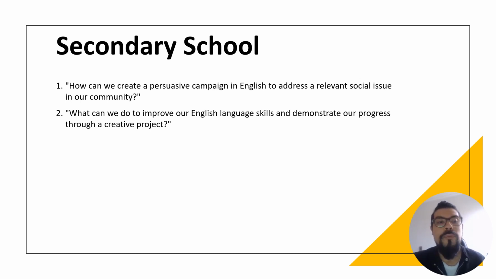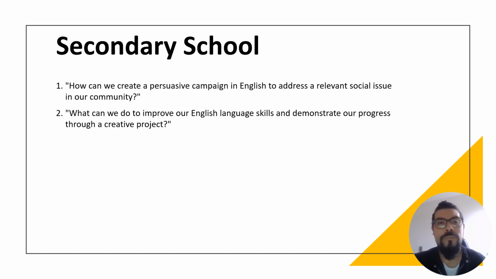Number two, what can we do to improve our English language skills and demonstrate our progress through a creative project? So here you're giving students independence and how to show off their skills. Maybe a play, maybe a video, running, I don't know, a TV show.